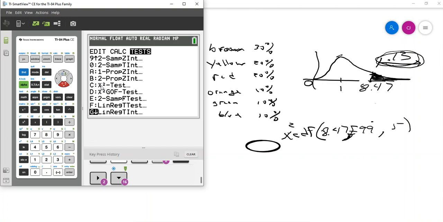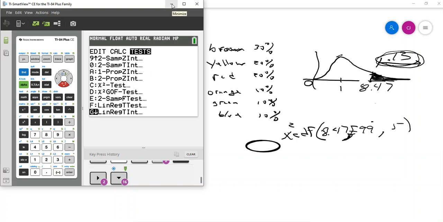This one right here. Everybody has that one. GOF test, maybe about a third of you don't. If you don't, you got to follow what I did with that big long calculation and everything else is the same. But if you have the GOF test, it cuts down a little bit of the work.